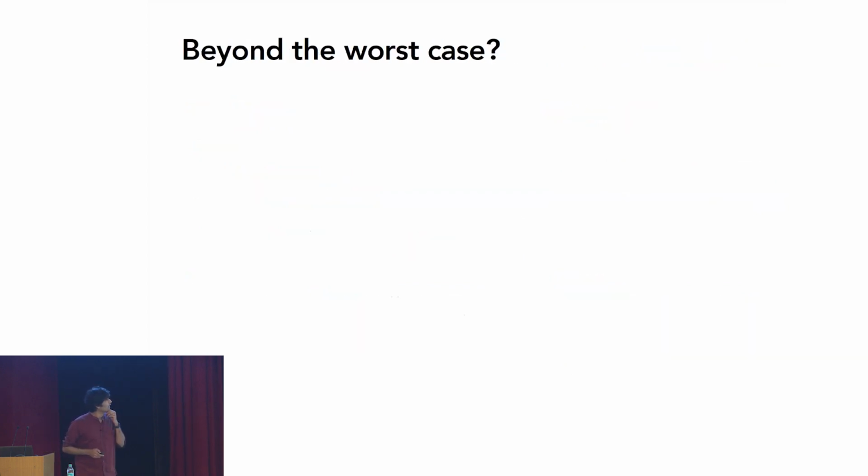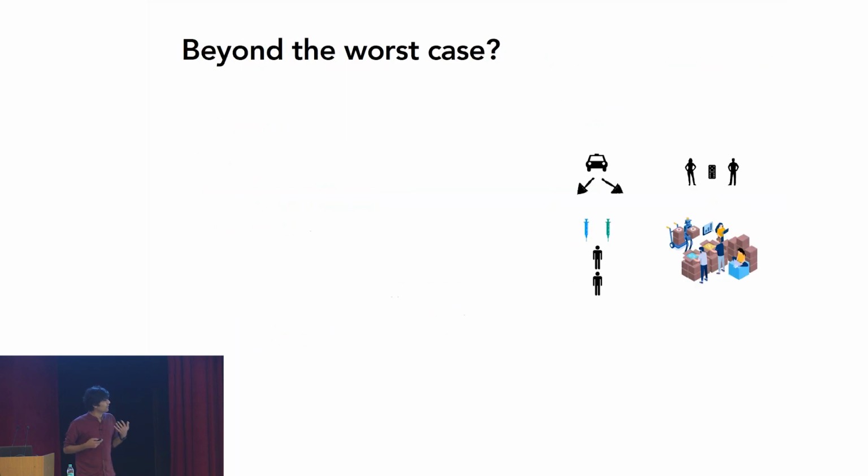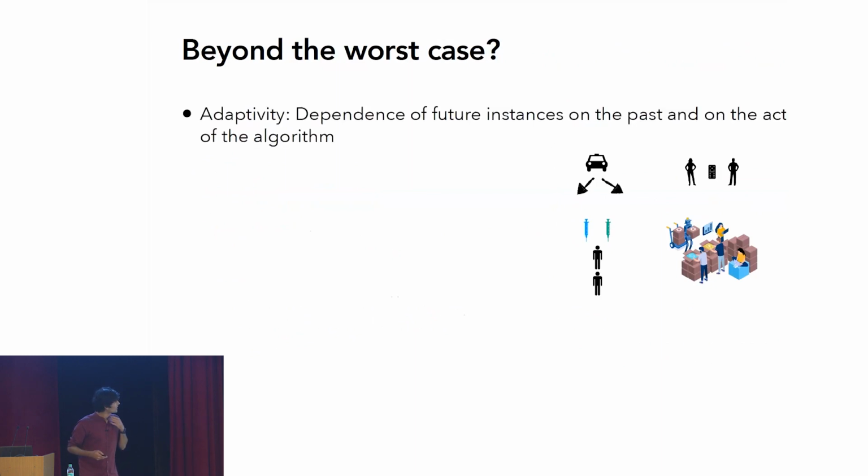Okay. So one thing we want to do is go between the two settings. We want to look at situations where these sequential predictions actually come up and try to capture what properties they have. And one thing that turns out to be really important in many sequential decision-making problems is the dependence of future instances on the past and the actions of the adversary.